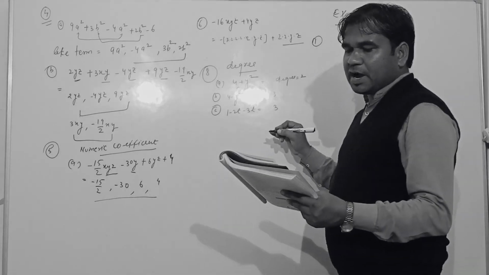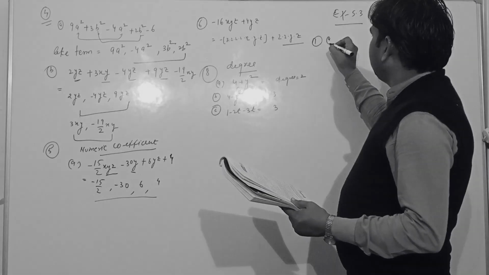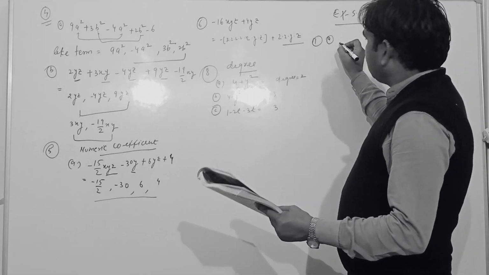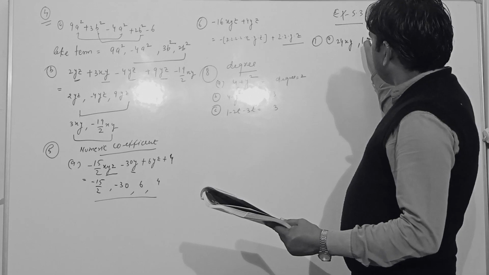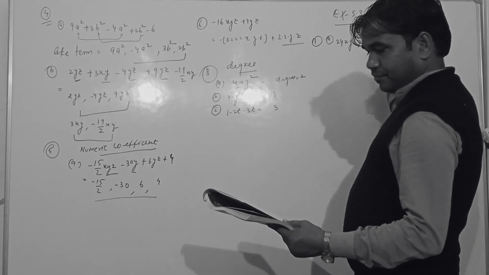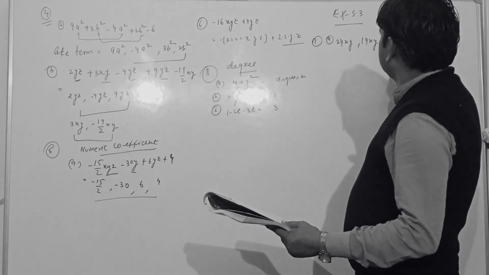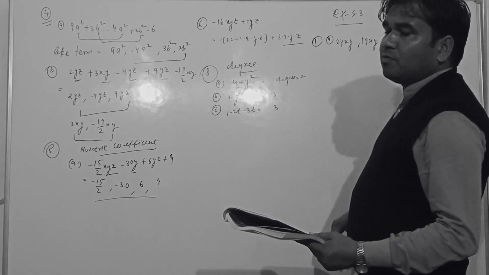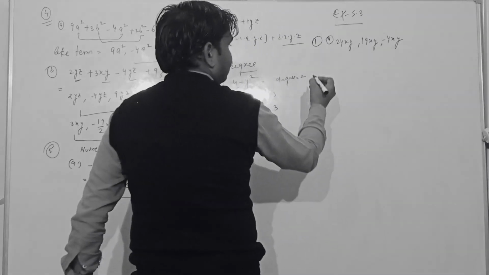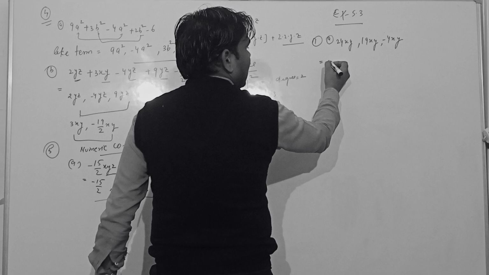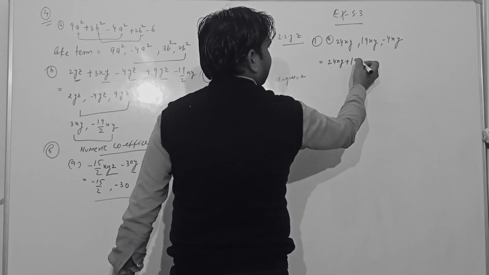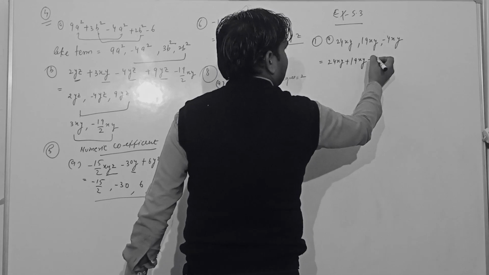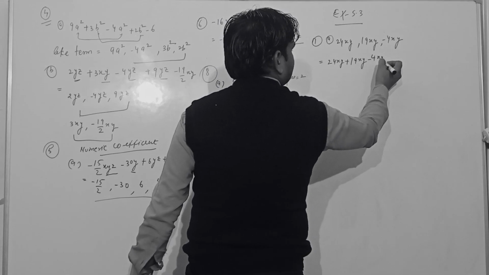Question number 1, part A: we have to add 24xy, 19xy and minus 4xy. So we write this by adding: 24xy plus 19xy minus 4xy.